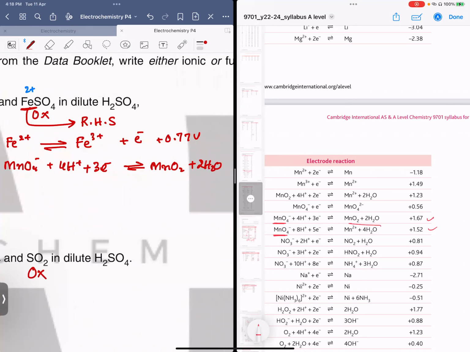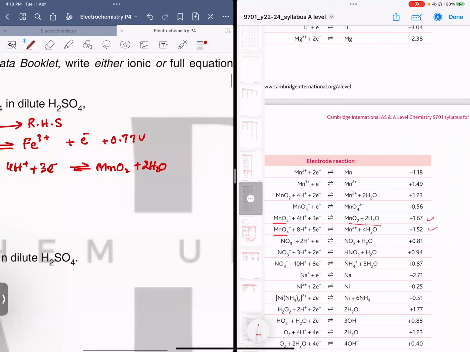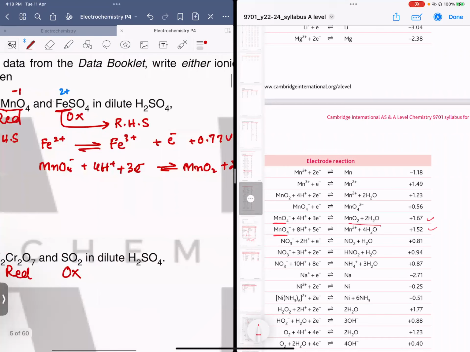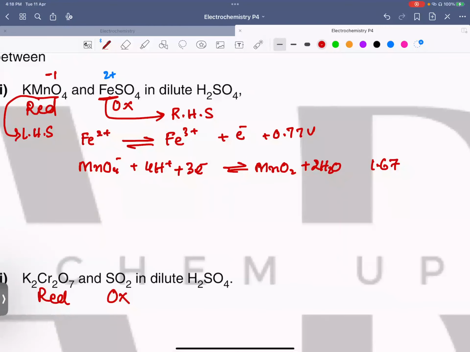This is the equation given to you, I took this upper one. And its E naught value is 1.67, which is greater, right? Okay, so now I have chosen the equation. Now I have to make the net equation.